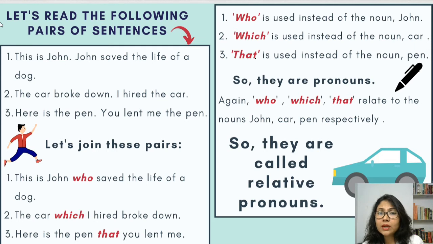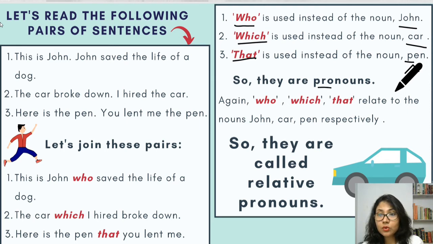In sentence number 1, who is used instead of the noun John. In sentence number 2, which is used instead of the noun car. In sentence number 3, that is used instead of the noun pen.